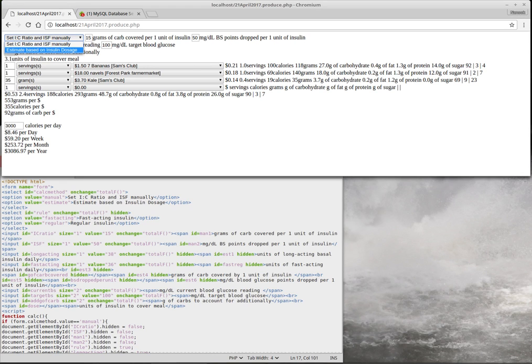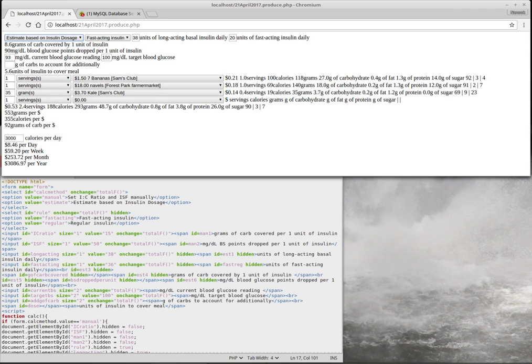So I wrote it into the program so that you can calculate based on the number of units of insulin you take a day, basal insulin, your long-acting insulin.